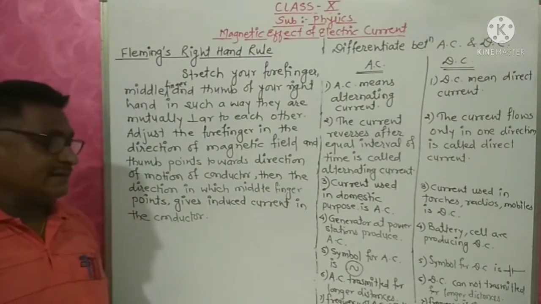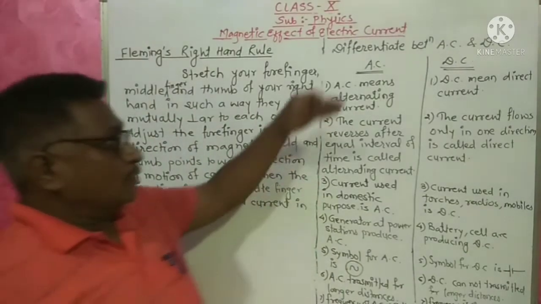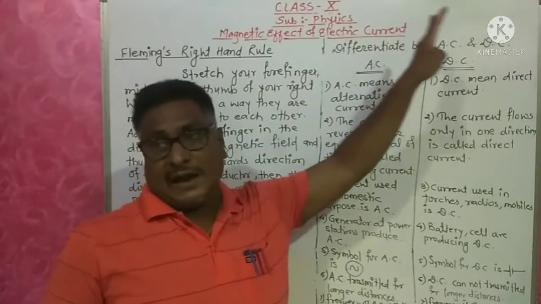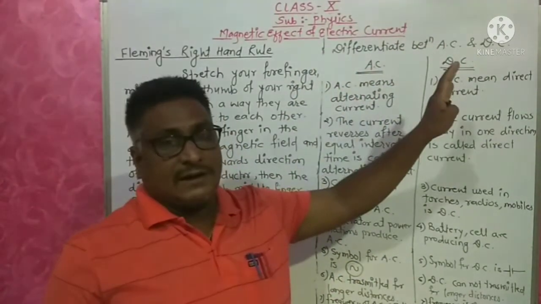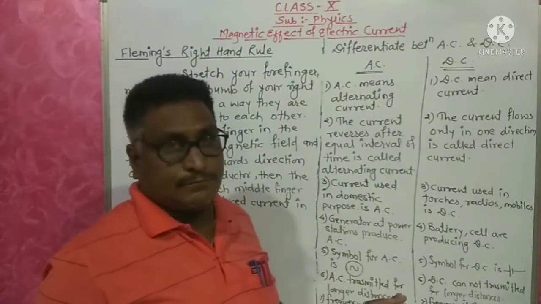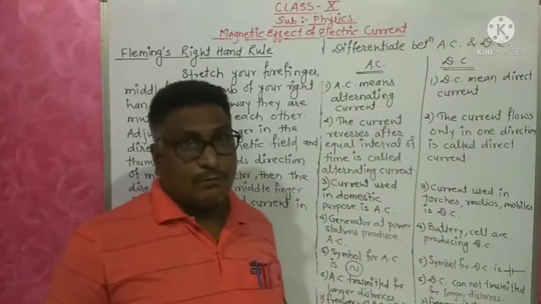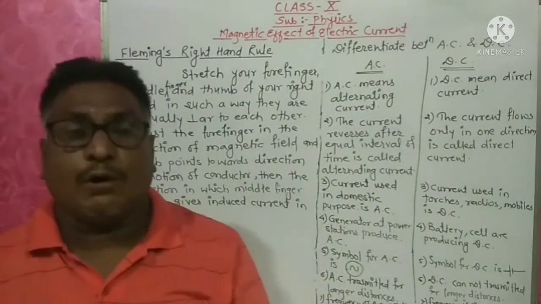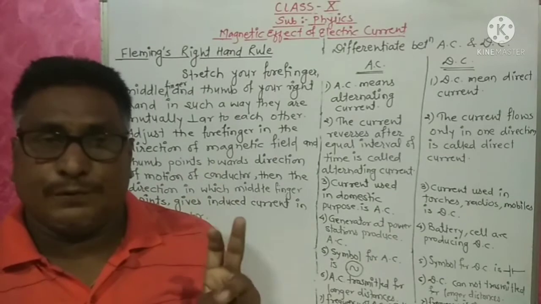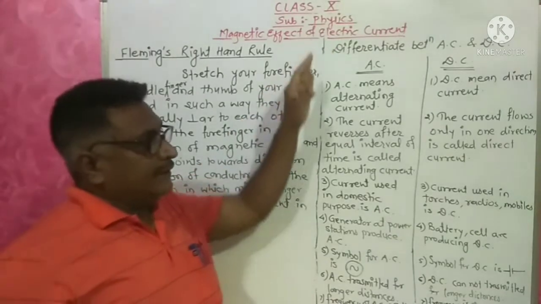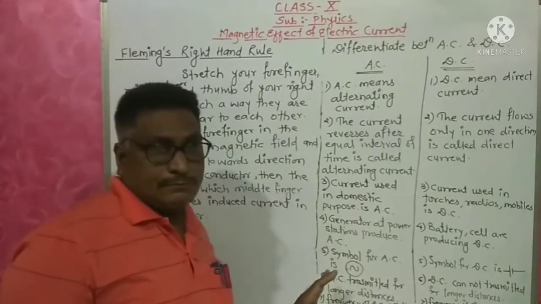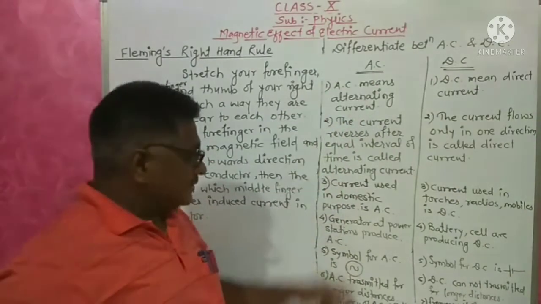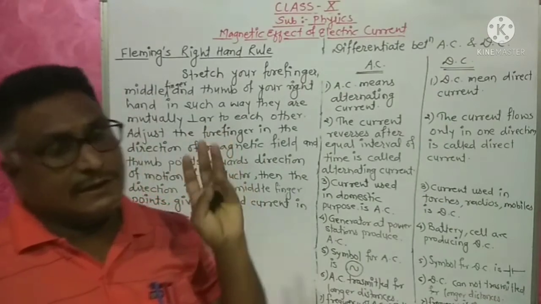Frequency of direct current is 0. So in this way, these are AC and DC, alternating current and direct current. These 7 points I gave, and this difference is very, very important from the exam point of view. So carefully you have to study it. Understood, student? So this is AC and DC current.